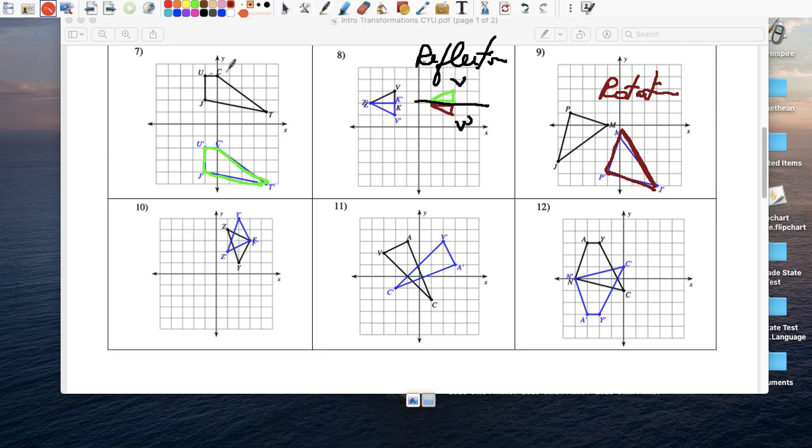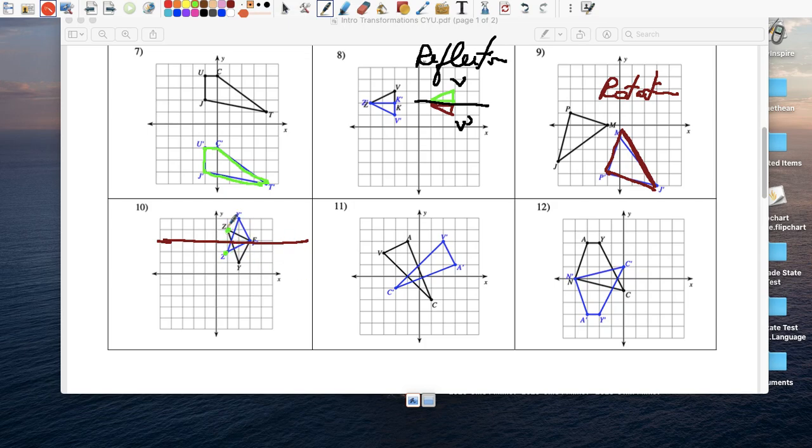This one, again, this is a reflection. So the first thing I'm going to ask you to do when we get to reflections is, hey, where is that mirror? The mirror is this. That's your mirror. If you think about that as your mirror, here's person Z standing right here. His image on the other side of the mirror is right here. That makes sense.